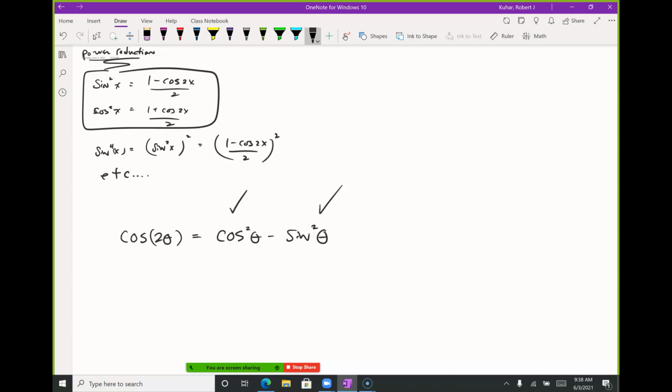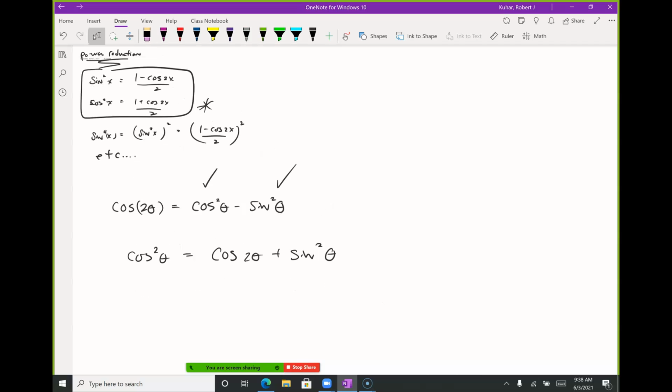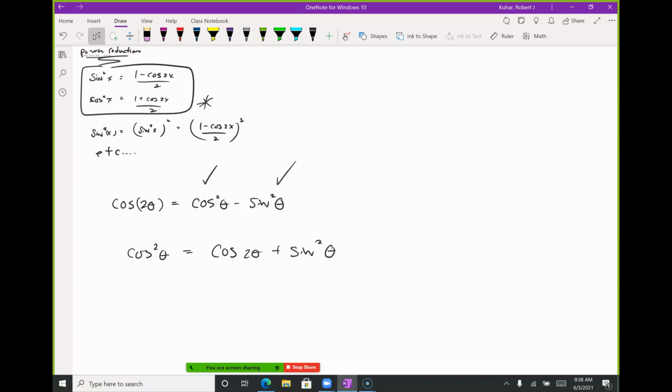So let's just do our cosine one. I'm going to leave the cos squared theta on the right, and I'm going to move the sine squared theta to the left. And sine squared theta, by my Pythagorean identity, is 1 minus cos squared, right?